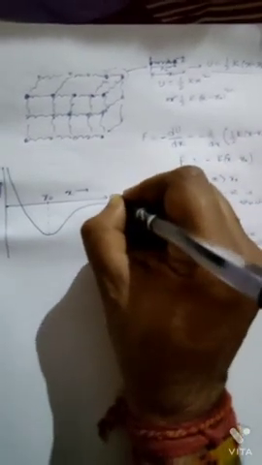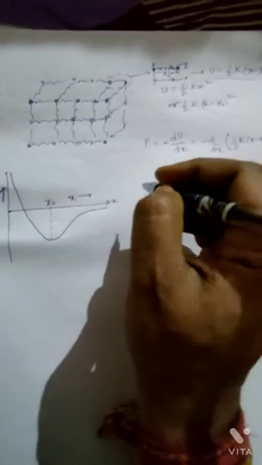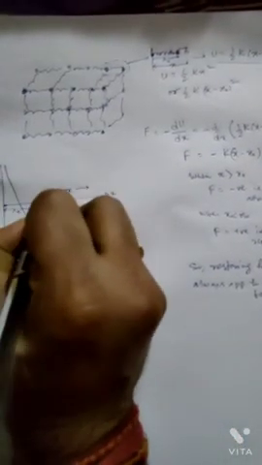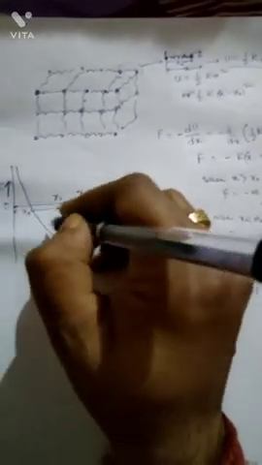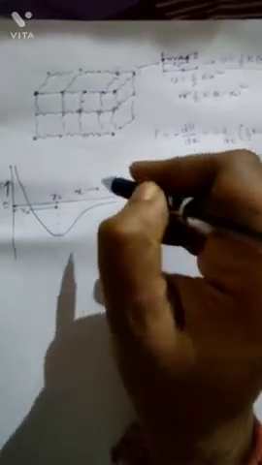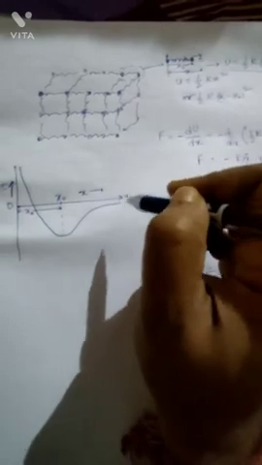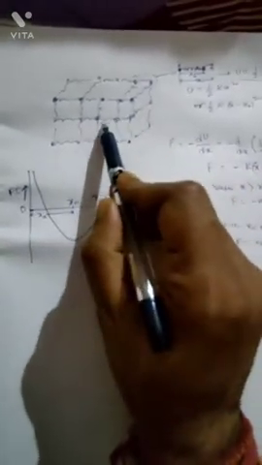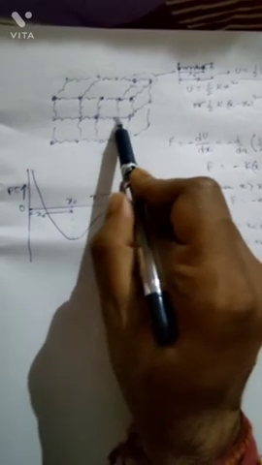This is the X direction. Now you can see, this is the potential energy structure of what? The potential energy structure of the elastic bonds between the two atoms of any bonds.